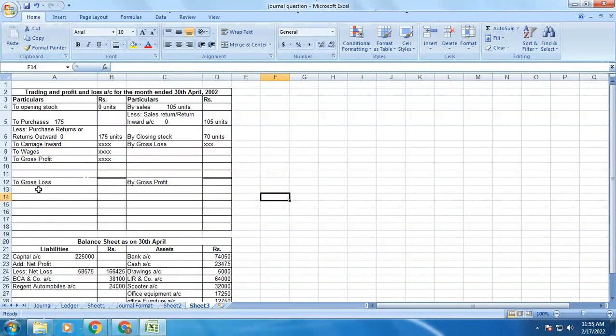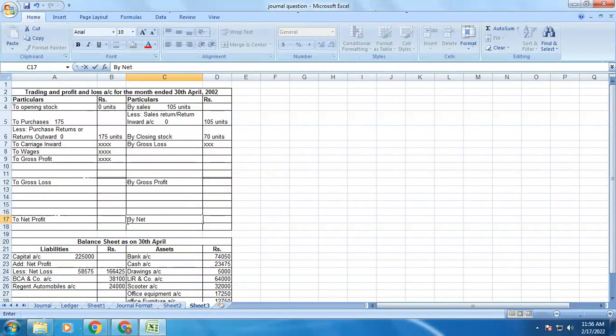We will only look for those nominal accounts which have a debit balance to be recorded on the left hand side and the remaining with the credit balance on the right hand side. So जब वो सारे items लिख लेंगे फिर वापस we will have to net profit, the difference in the two columns, and by net loss.